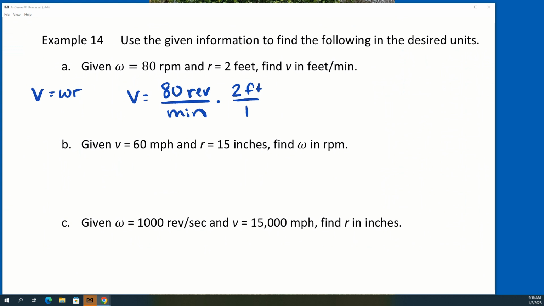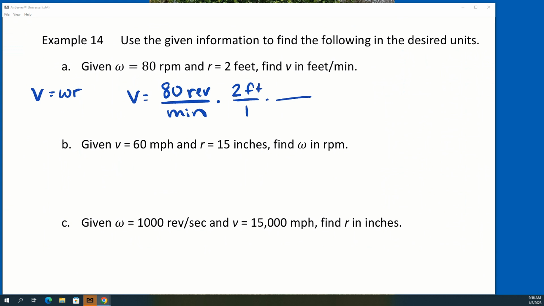Now, if I multiplied this, I would get revolution feet per minute, which doesn't really make sense. So I want just feet per minute. So if you have an angle measurement in your work, but you don't have an angle measurement in the answer, what do you change revolutions to? What type of angle doesn't have a measurement?